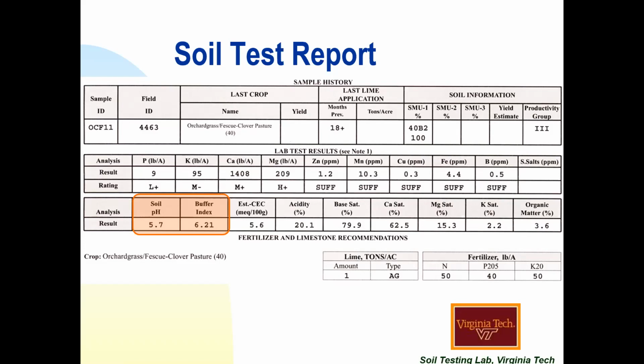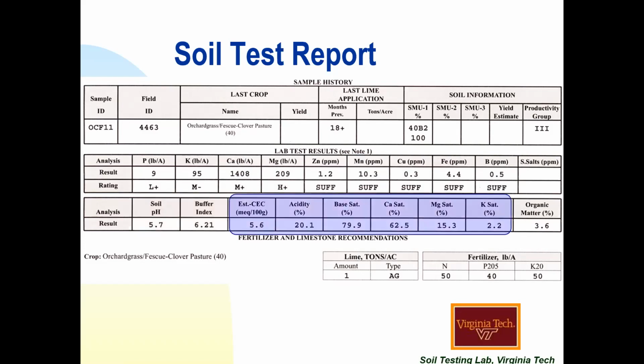It knocks the reserve acidity into solution, and then depending on how far the pH drops below that initial 6.6, we know how much reserve acidity there is to apply lime. So the soil pH tells us where the soil is at currently, and the buffer index is only used to determine how much lime needs to be added to change the pH.